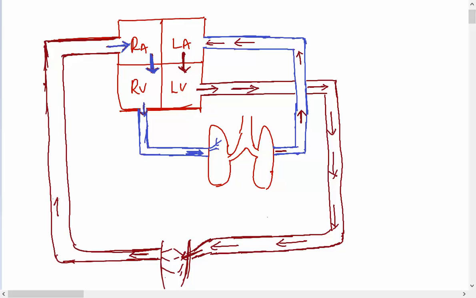Then it again goes to the inferior vena cava, and blood comes from above through the superior vena cava. All gets collected. This is all deoxygenated because in the tissue they give the oxygen and take the carbon dioxide. Understand this? This is the basic circulation.